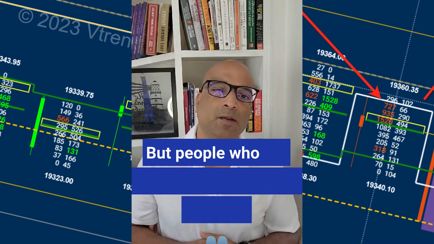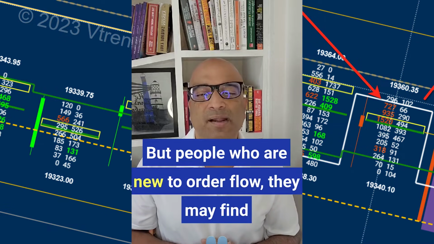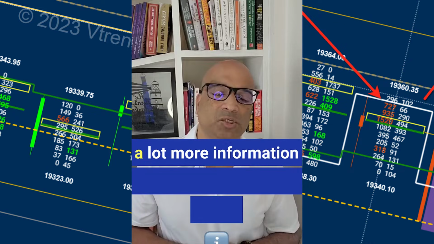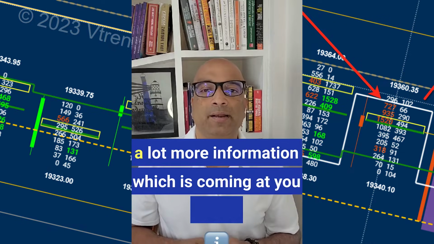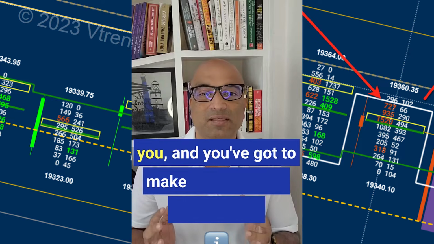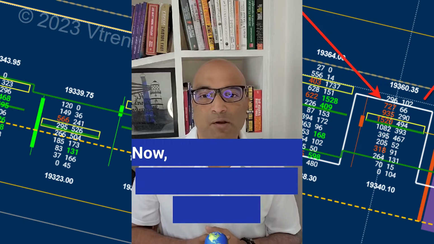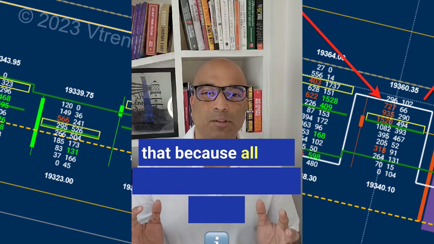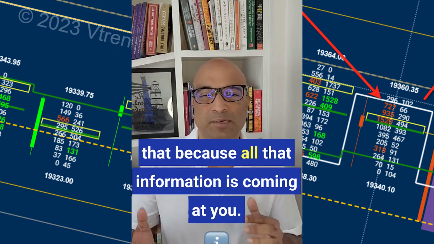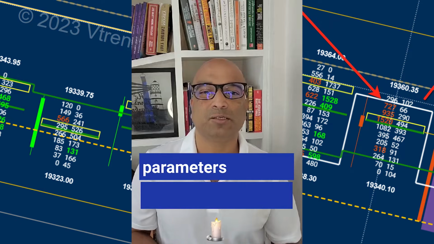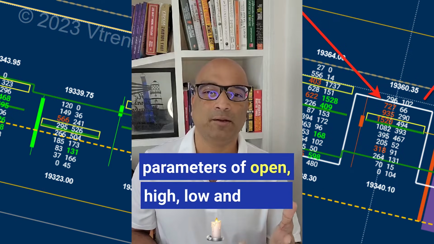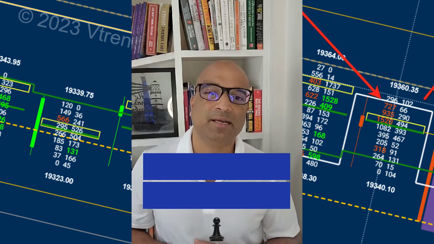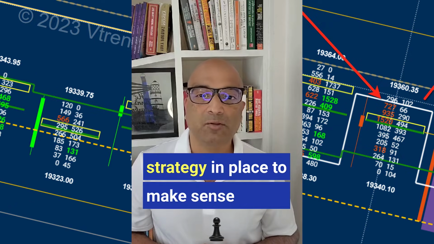But people who are new to order flow may find it a little bit complex, because there is a lot more information coming at you, and you've got to make sense of that information. Unfortunately, the world of order flow is such that, because all that information is coming at you, and it's more than just those 4 parameters of open, high, low, and close, you need to have a certain mechanism, a strategy in place to make sense of that information.